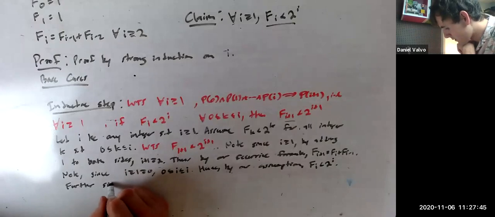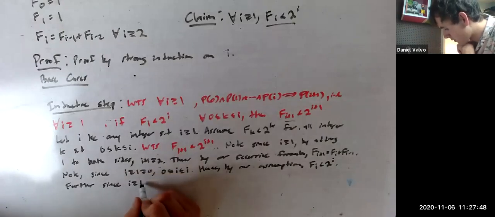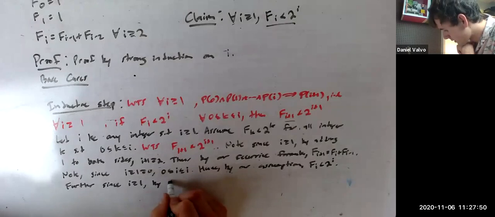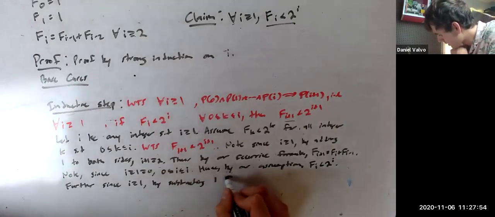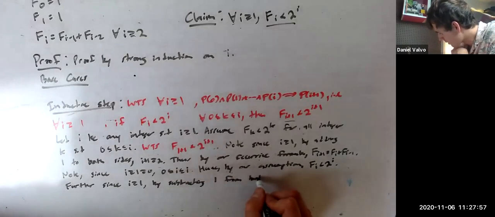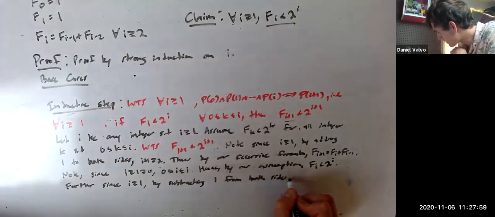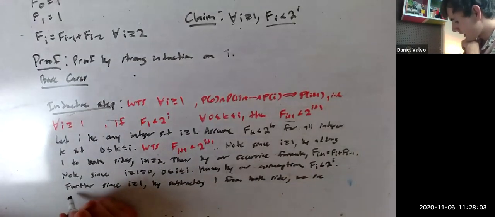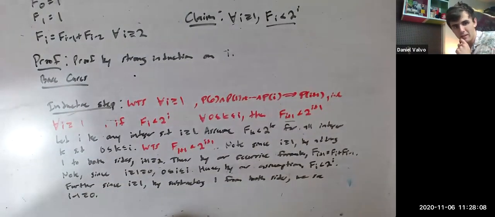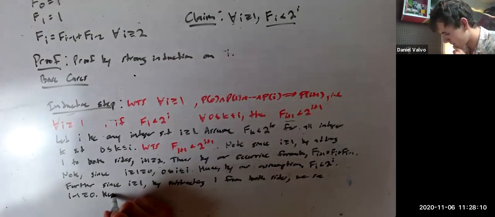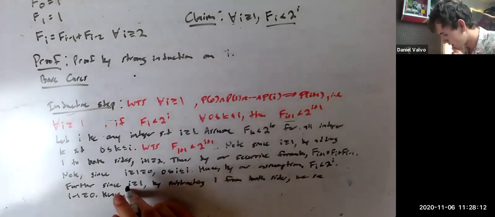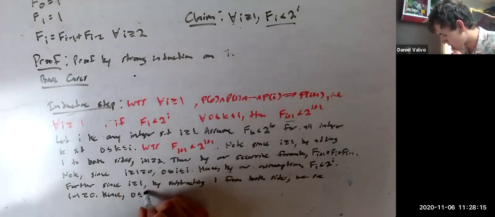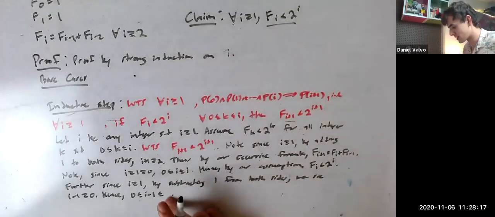Further, since i is greater than or equal to 1, by subtracting 1 from both sides, we see that i minus 1 is greater than or equal to 0. Hence, 0 is less than or equal to i minus 1, which is less than or equal to i.